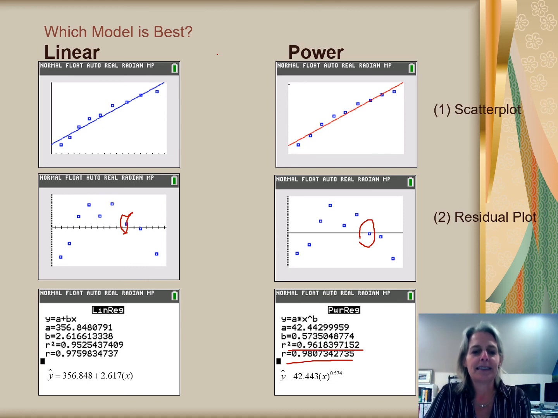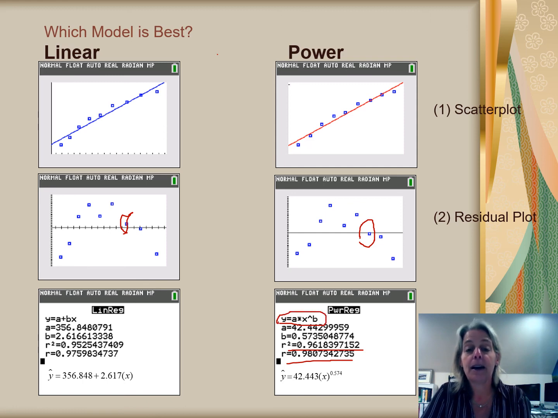So when I'm writing the equation now for the best model, the linear equation is still a linear equation: y equals the y-intercept plus the slope times x. And then the power model, note that at the top here, they kind of give you the form.